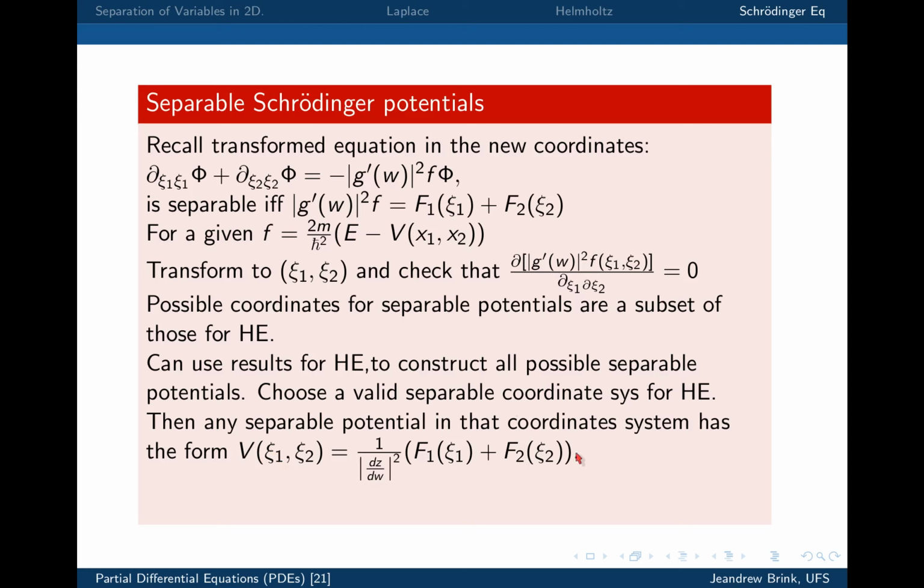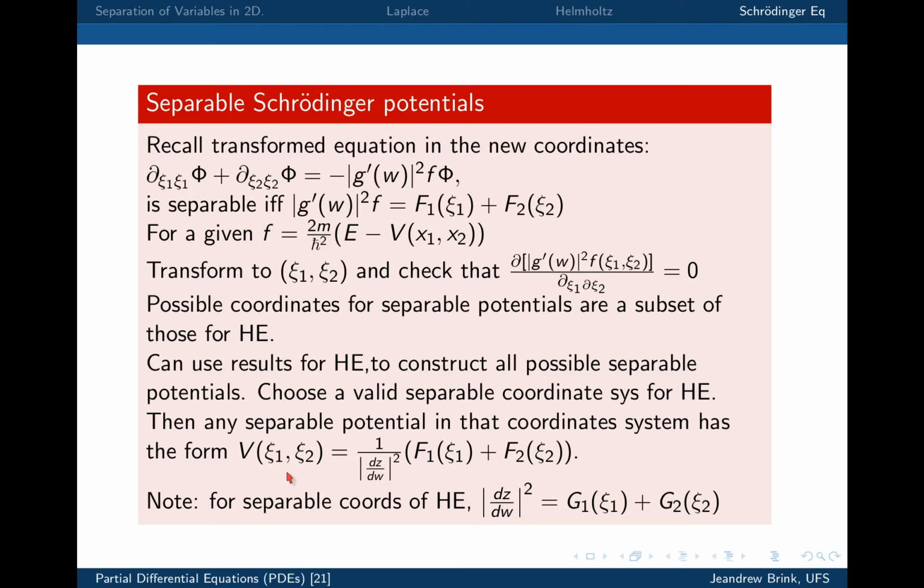It's simply separable functions divided by this coordinate transformation, but that coordinate transformation is itself separable. You can always write it this way because Helmholtz's equation is separable. That gives you the most general expression for the potential. It's basically a rational function of an arbitrary function f1 of c1 plus an arbitrary function f2 of c2, divided by these two functions that come from the separable coordinate system, and you're done. There's no other system for which you will be able to find a separable coordinate system.